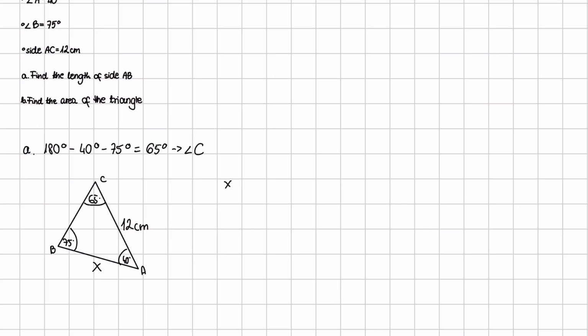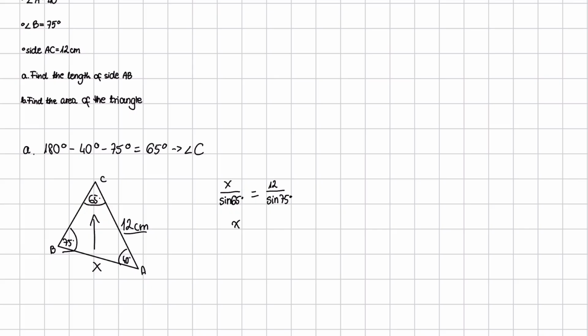So x over the sine of the angle that is opposite to it equals, and now we have to take the side and the angle opposite to it that we know, so 12 centimeters over sine 75 degrees, and we can find it simply in the solver.